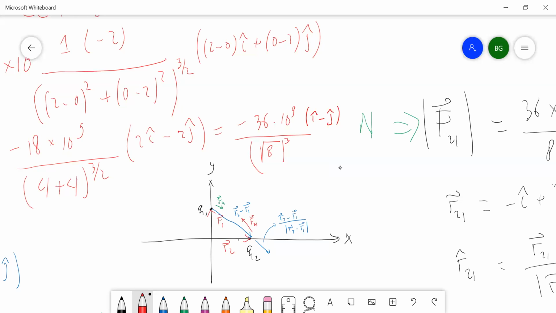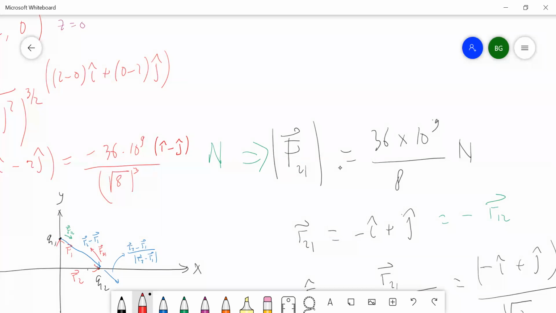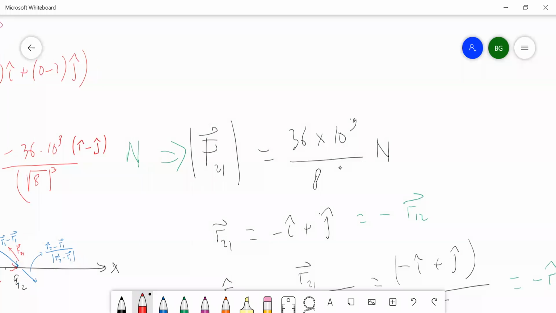And the magnitude of F21, we could say, is 36 times 10 to the 9 over 8 newtons, which equals 4.5 times 10 to the 9.